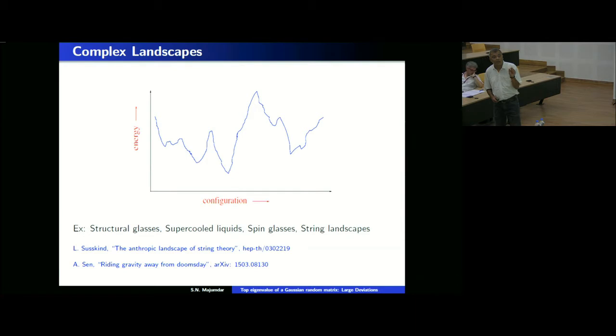If you were sitting in another minimum, you would have a different gravitational constant, different electric charge, and so on. Our universe is unique in the sense that maybe there are only very few global minima in this landscape, and so they were interested in precisely computing the number or the fraction of such local minima. You can read these two articles, which are quite interesting. So this is the general motivation.